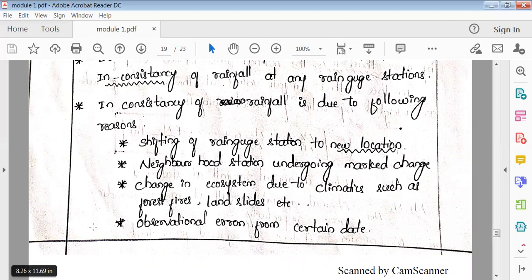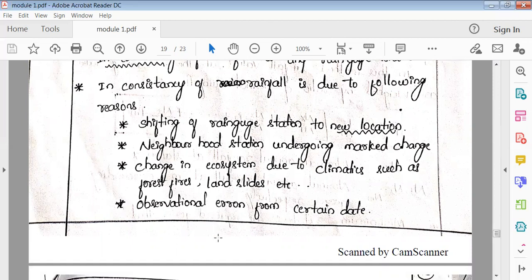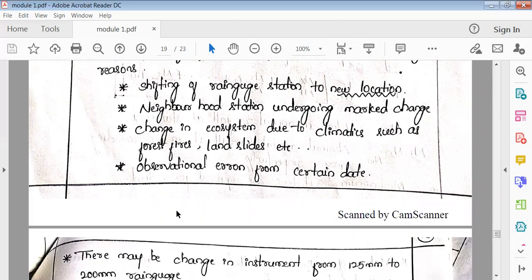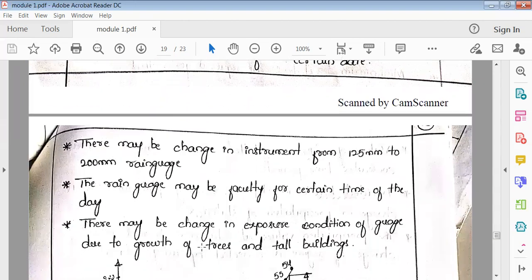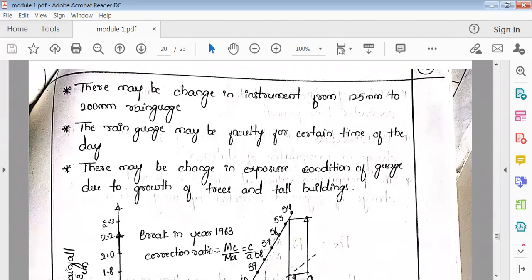Then observation error from a certain date: if you have missed out any date and it was not observed properly, there will be inconsistency in measuring. At times there may be a change in the instrument from 125 to 200 rain gauge.